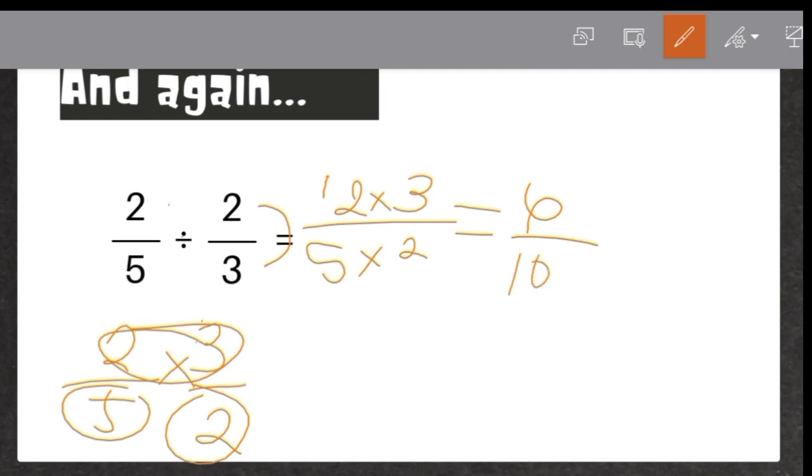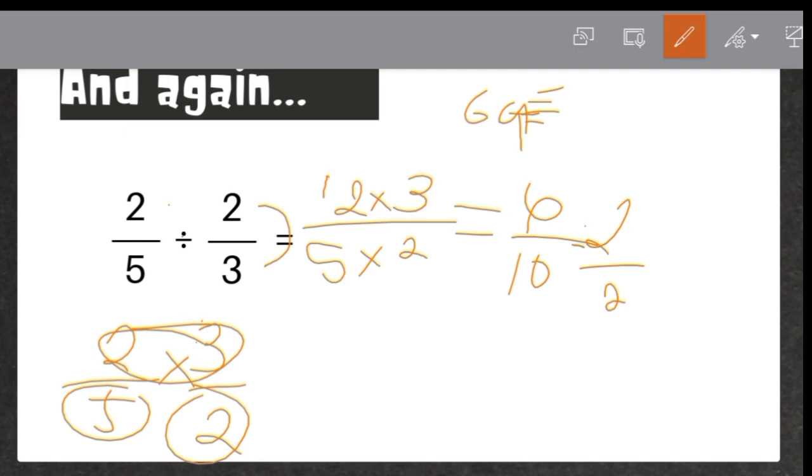Is that our final answer? No, since we will need to get the simplified version, the lowest term of it. And since it's not its lowest term, 6 and 10 have a GCF of 2, right?